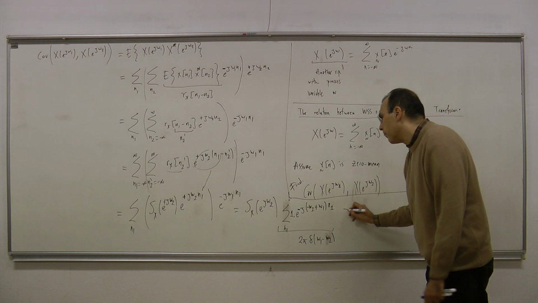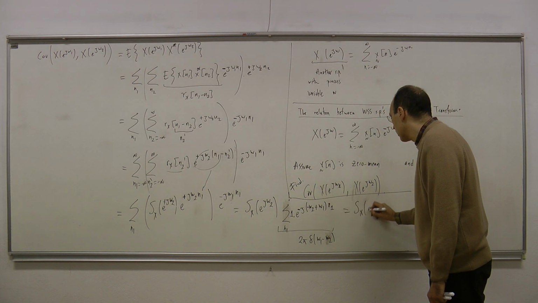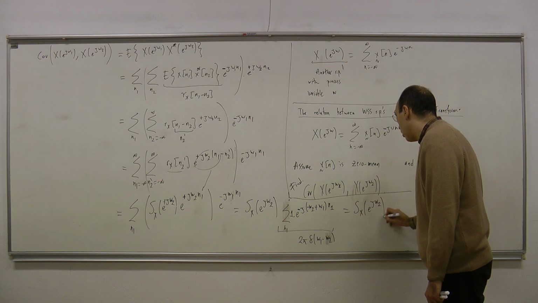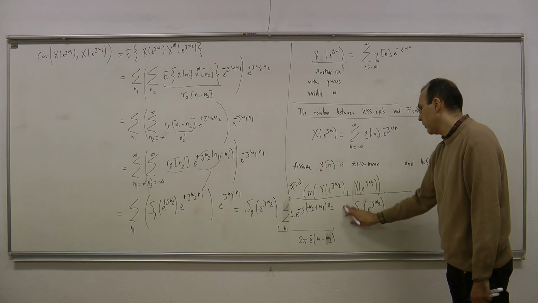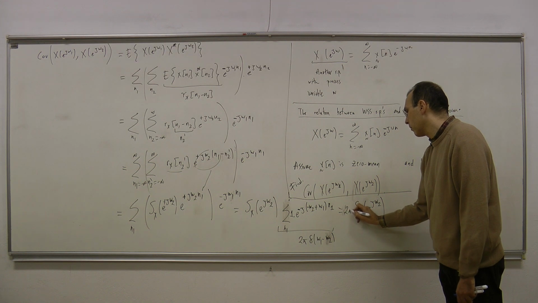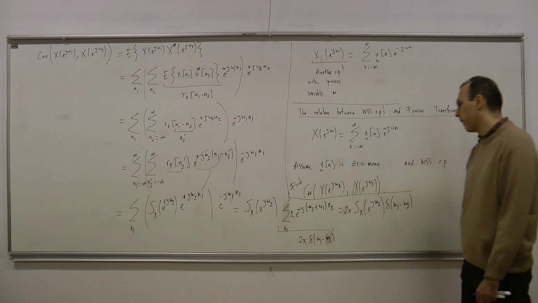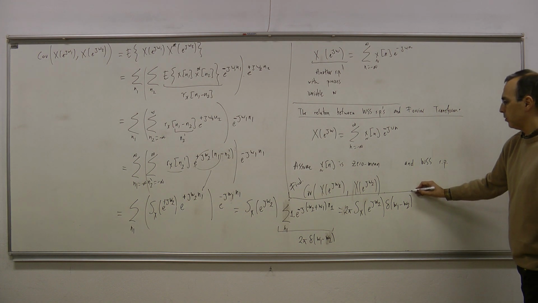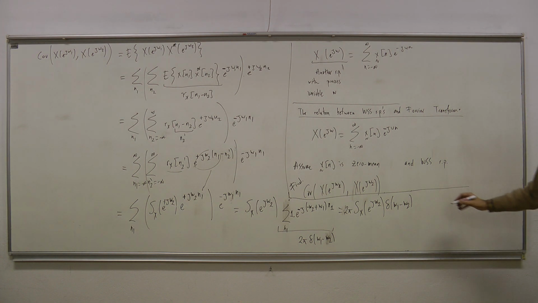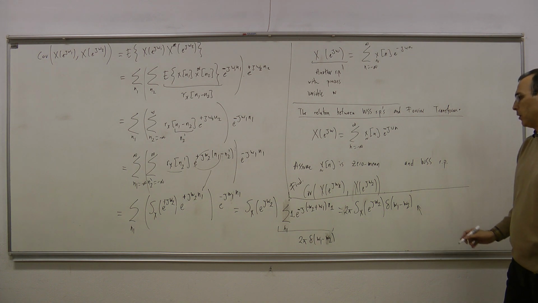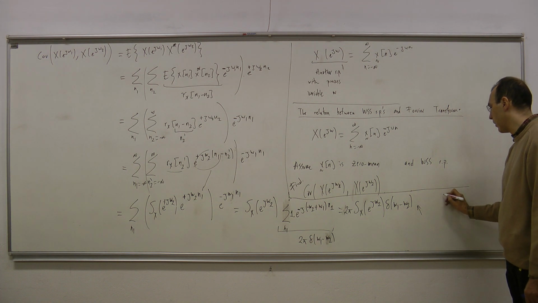So what do I see? I see the following: Sx e to the j omega 2. There is a 2 pi delta omega 1 minus omega 2. Okay. So what's the conclusion? The conclusion is very interesting. So what we see is the following.